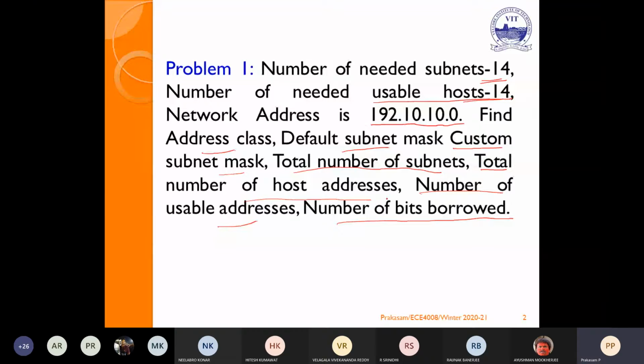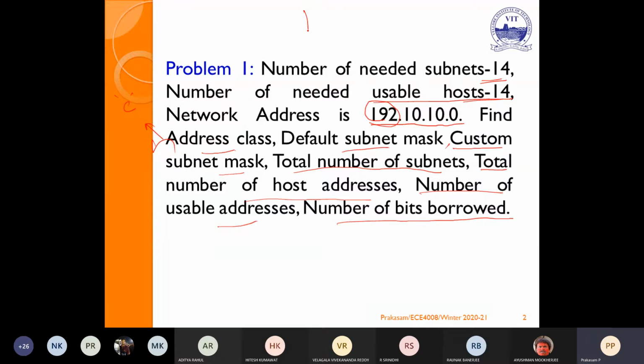So the first step, always, is to find the address class. 192, which class is this? Class C. So the answer is class C. Now the default subnet mask.